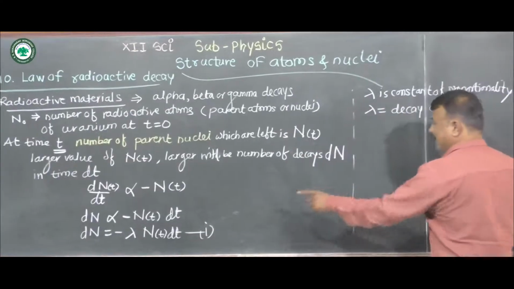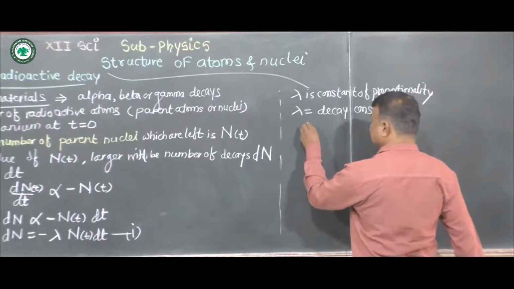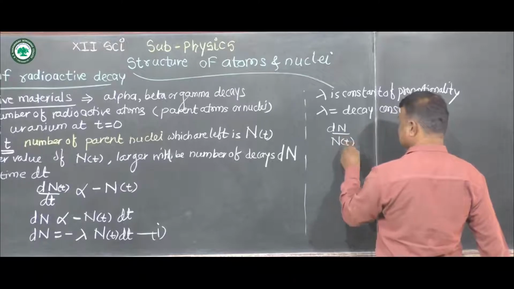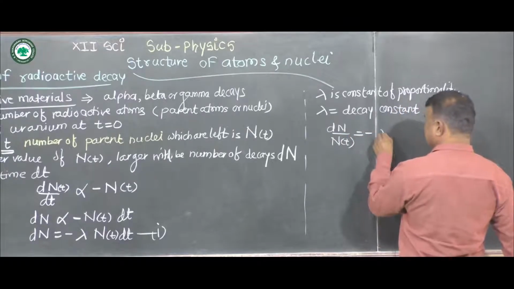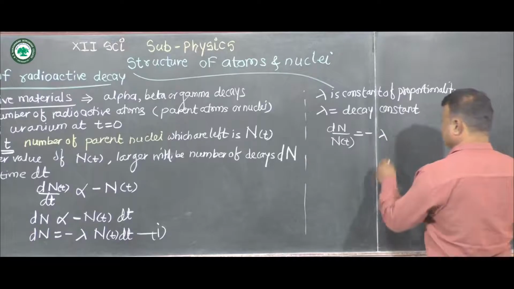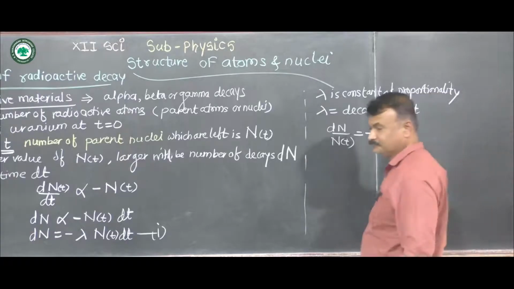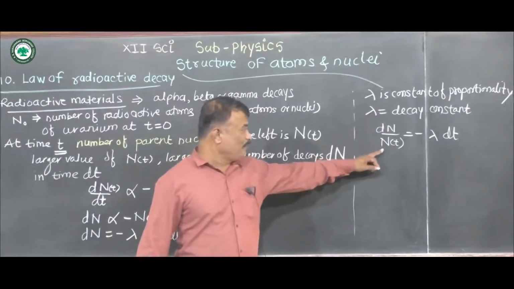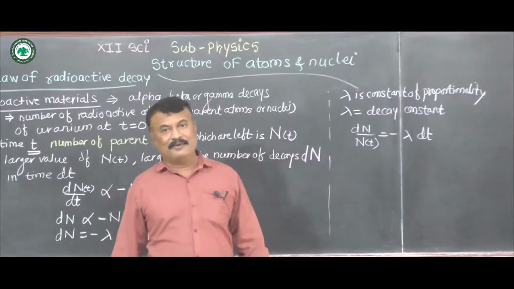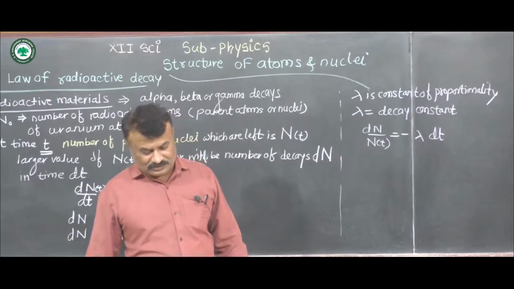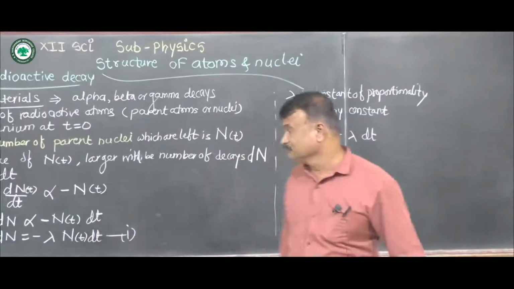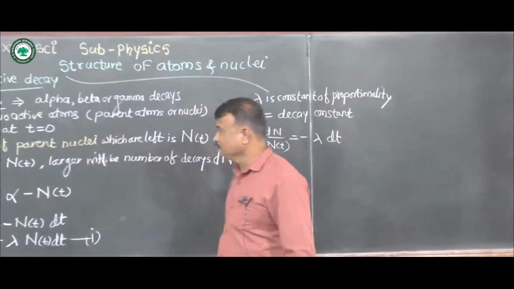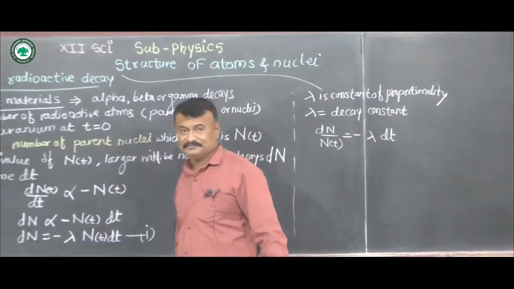Arranging this equation, dN by Nt is equal to minus lambda into dt. So we rearrange equation 1 like this: dN upon Nt is equal to minus lambda dt. Now we integrate this equation, because we know that the initial time is 0 and the final time is t.